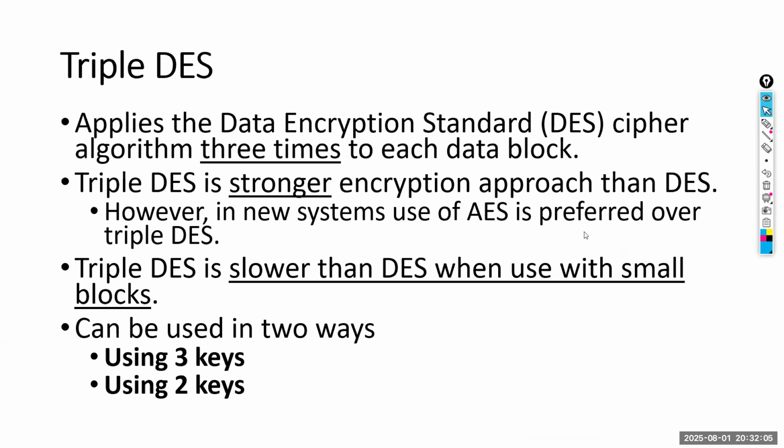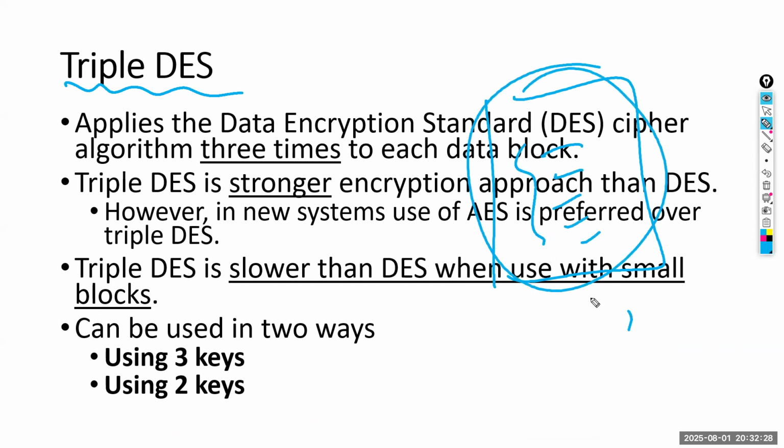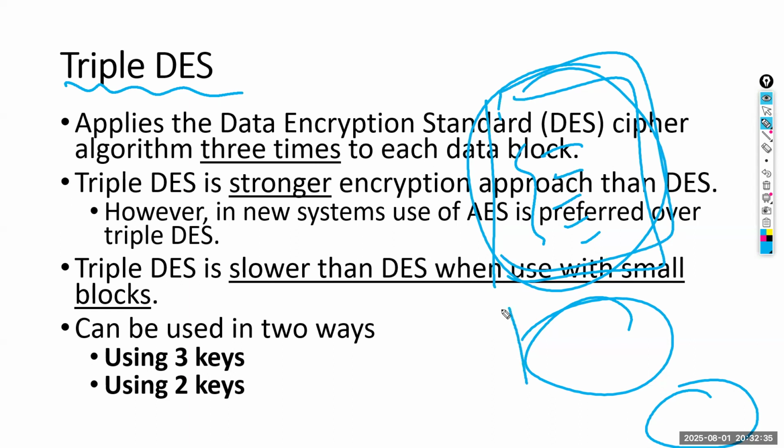Right. So one of the alternatives is triple DES. Triple DES means we still use the DES algorithm, but we use it 3 times. That is why we call it triple DES. Internally, a DES algorithm also has steps, maybe 10 steps, but now that full set of steps is repeated 3 times.